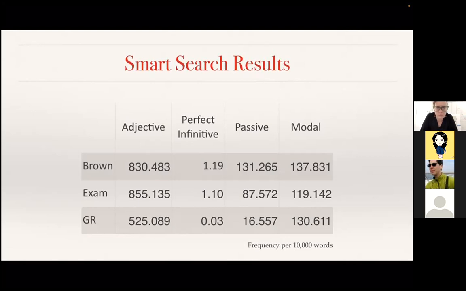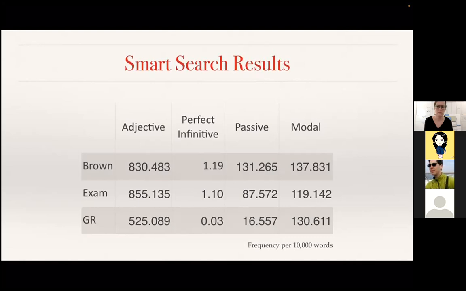So if you look at the Brown corpus, passive occurs 131 times. That means it happened 131 times per 10,000 words. So if you compare these, you can tell the difference between Brown corpus and graded readers.